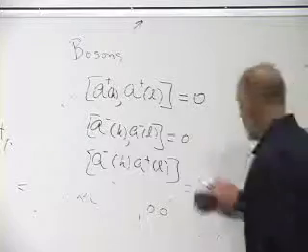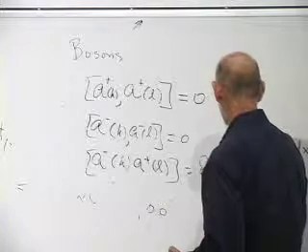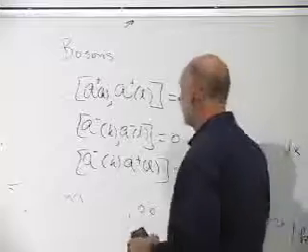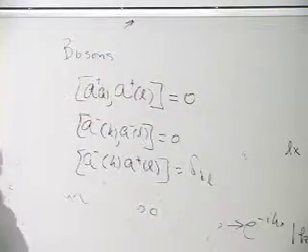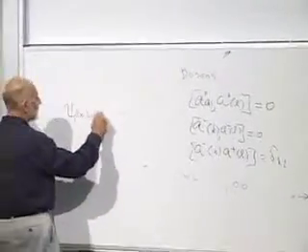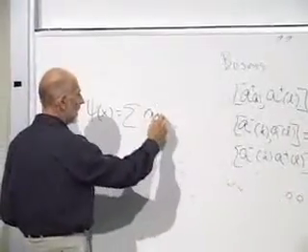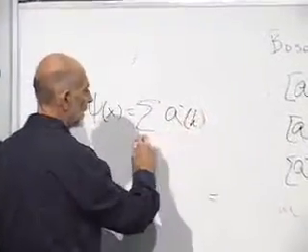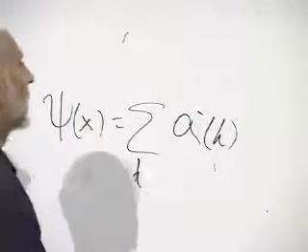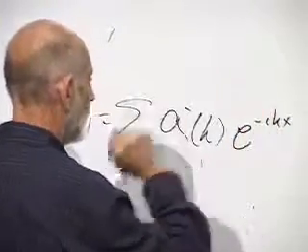This, together with the definition that psi of x is equal to the sum of A minus of k times e to the minus ikx, if I remember correctly.